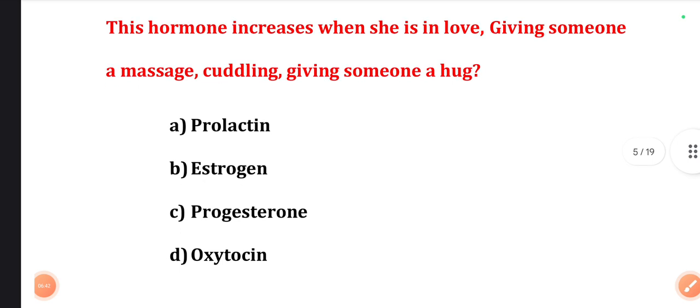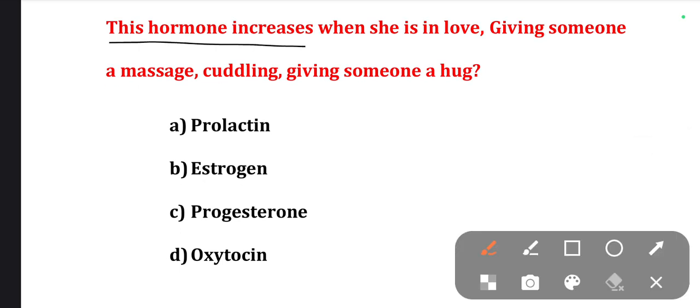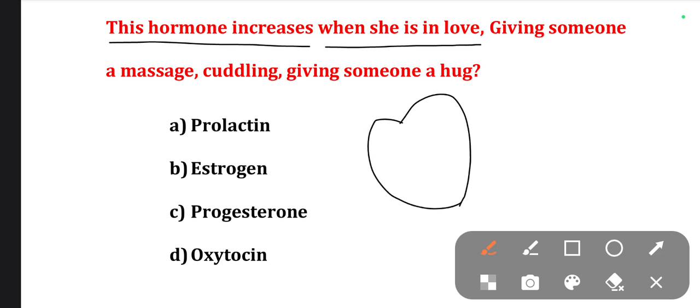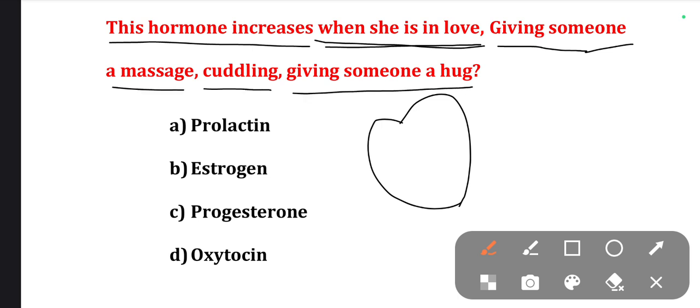The next question is: this hormone increases when she is in love. This is a lovely question. Answer everyone. When she is in love, giving someone a massage or cuddling, giving someone a hug, when a woman has some lovely feeling, which hormone will increase?